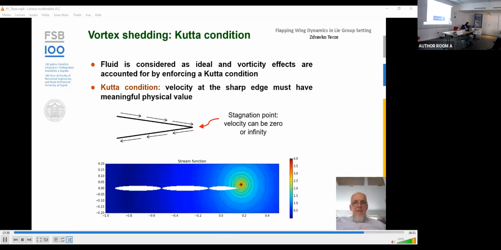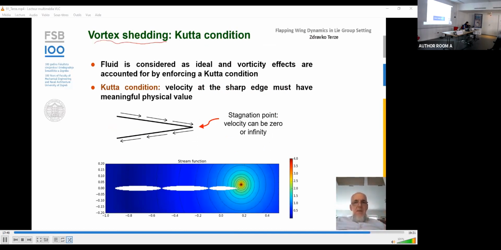On the last slide, we formulated equations of the coupled model reduced at a certain level of circulation. However, since we have unsteady flow, circulation is changing all the time. Therefore, we should introduce a vortex shedding mechanism.